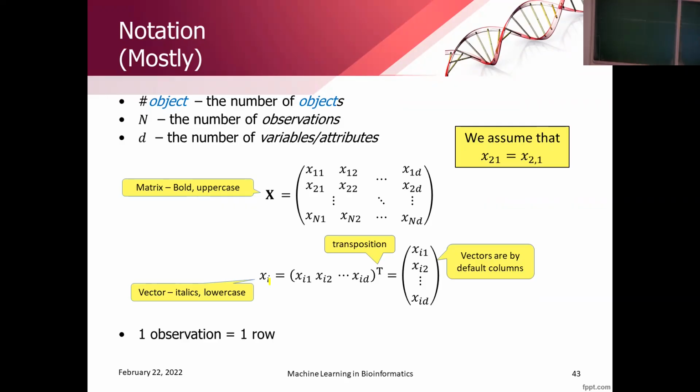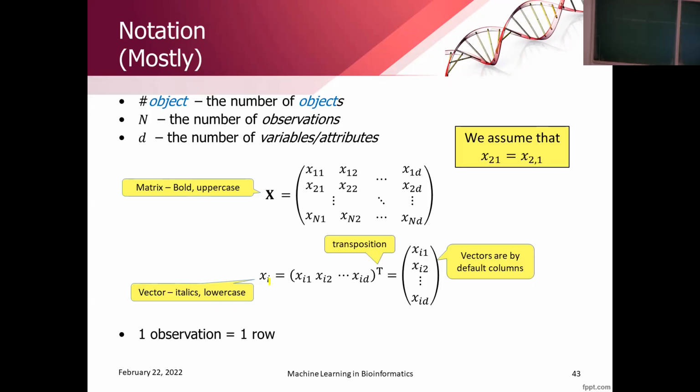We will always use capital X as the matrix containing all the observations, where one row of the matrix is one observation. So if it is the ith row, this will be xi1, xi2, and so on, xid. D is the number of attributes. And altogether, we will have capital N observations.